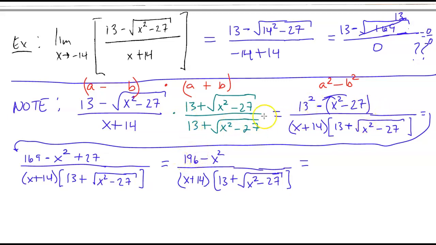So I could rewrite this 196 here as 14 squared. So this will be 14 minus x times 14 plus x. So we got 14 minus x times 14 plus x, and then all over the same denominator again.